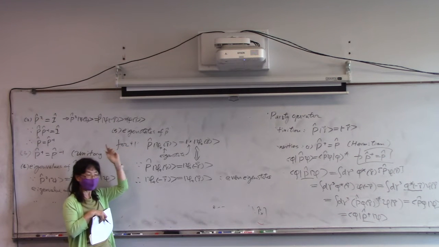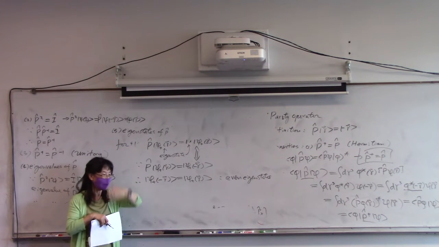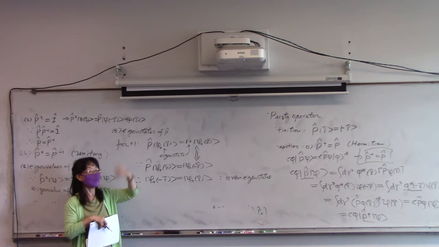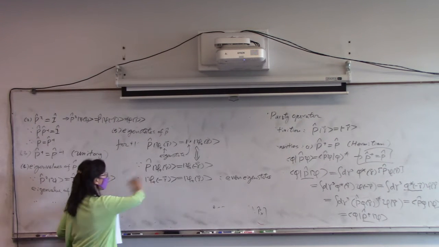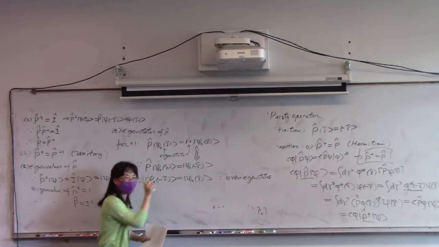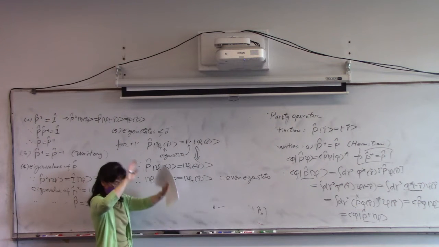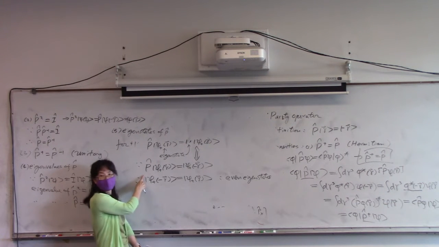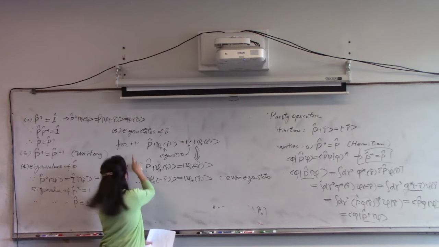There are a lot of functions with this symmetry, r squared for example, and others. So it's not the only one; all functions with this behavior are eigenstates of this parity operator with this eigenvalue.